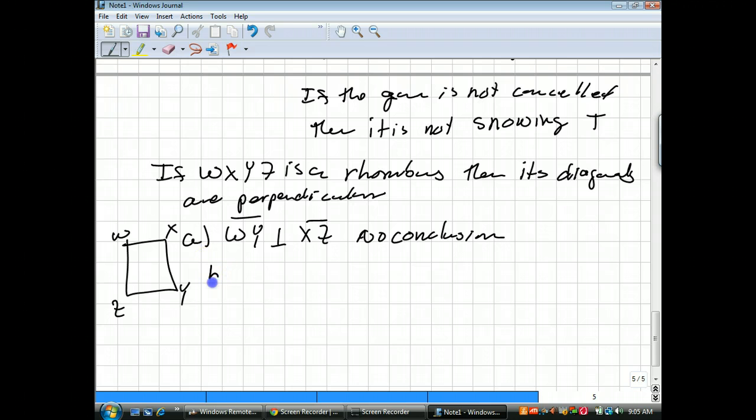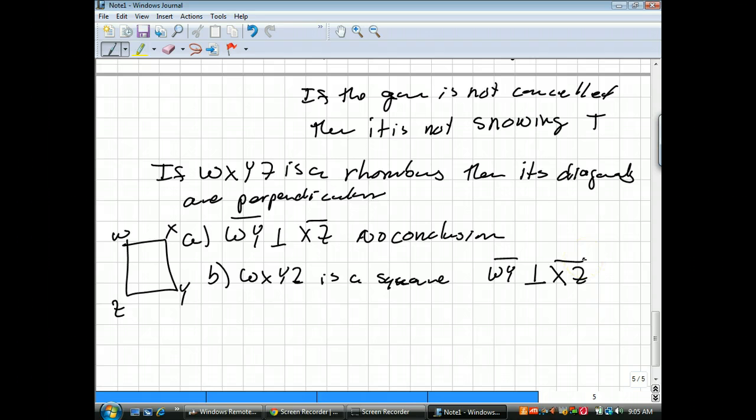B. If we know that the diagonals are perpendicular and we know that WXYZ is a square, okay, if we know WXYZ is a square, then we can conclude that WY is perpendicular to XZ.